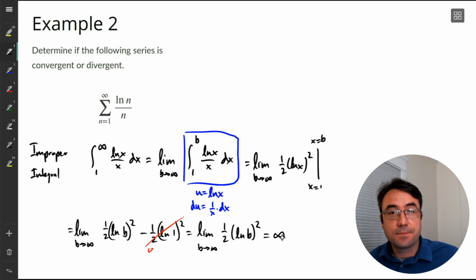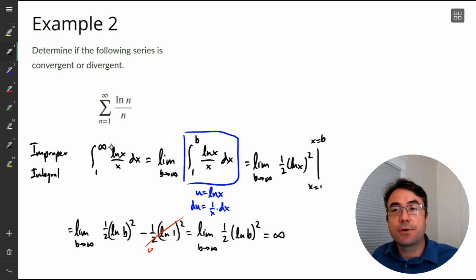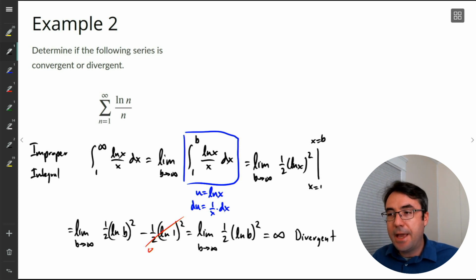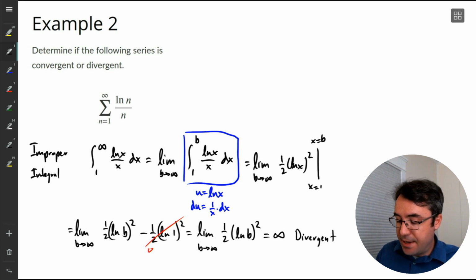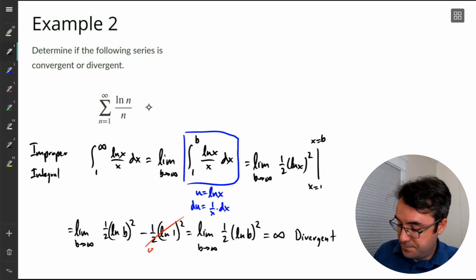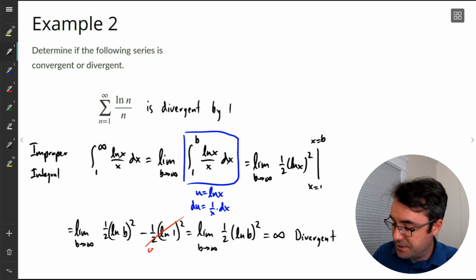And so what this means is because we did not get a finite number here, the improper integral diverges. And because our improper integral diverges, that means our original series diverges as well. So we say our series is divergent by the integral test.